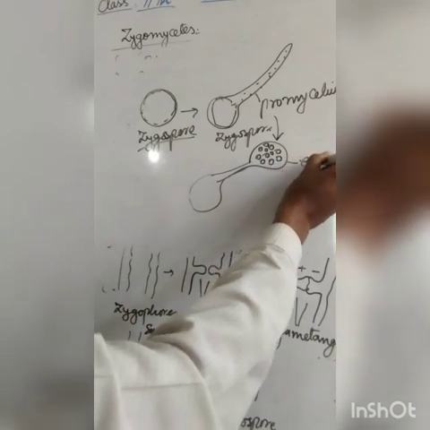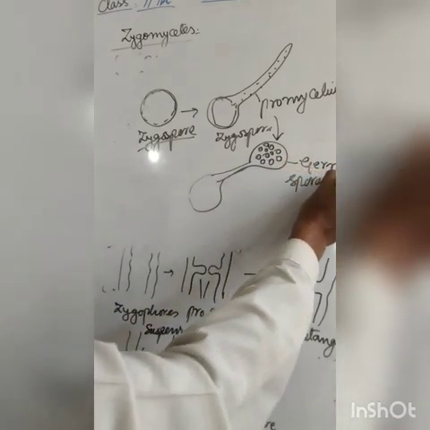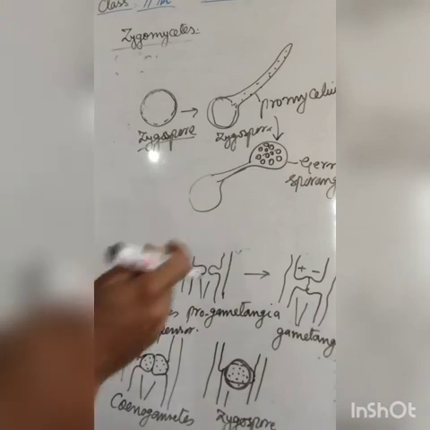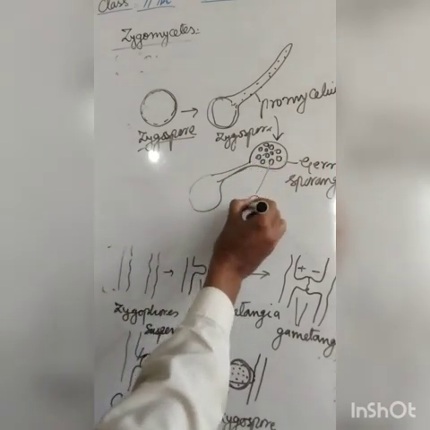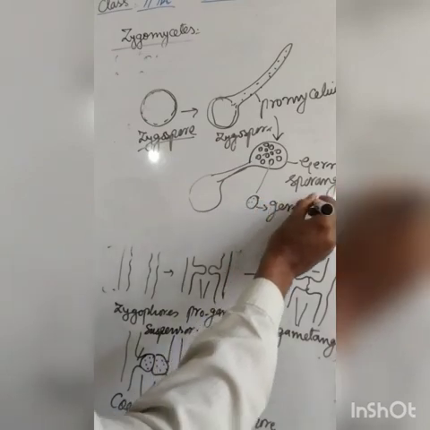After meiosis, this germ sporangium releases spores called germ spores.